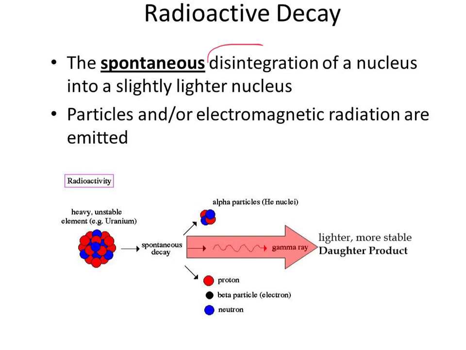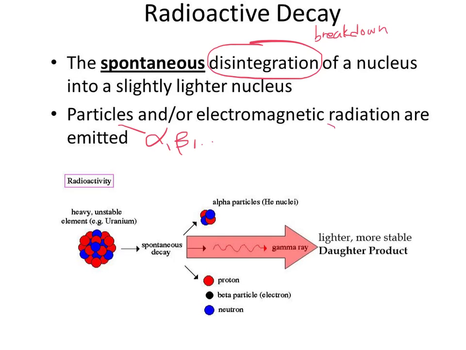Radioactive decay is a spontaneous disintegration of a nucleus into a smaller nucleus, and particles or electromagnetic radiation are emitted. Now, disintegration just means breaking down. And as far as particles, you will learn they are alpha, beta, and a few more.